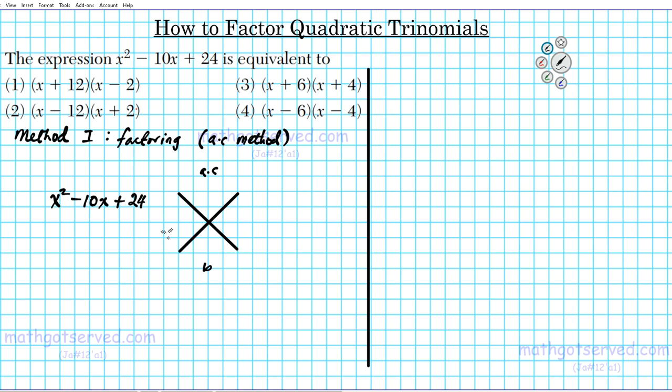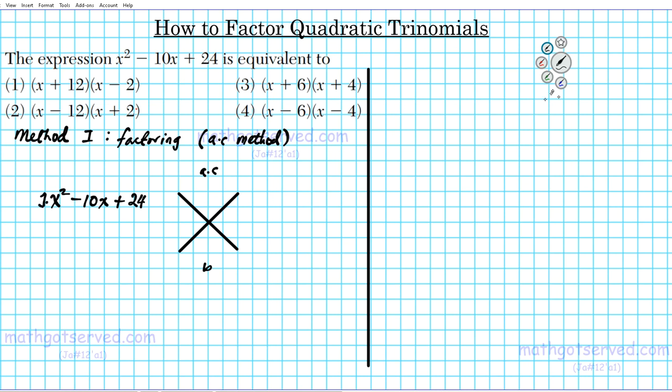All right, so you might wonder what is A, B, and C in this particular problem. Well, first of all, ensure that your quadratic trinomial is written in standard form, basically in descending order of degrees. This is a second degree term, first degree term, and there goes a constant. And then make sure that your coefficients are visible. The invisible coefficient is just 1.